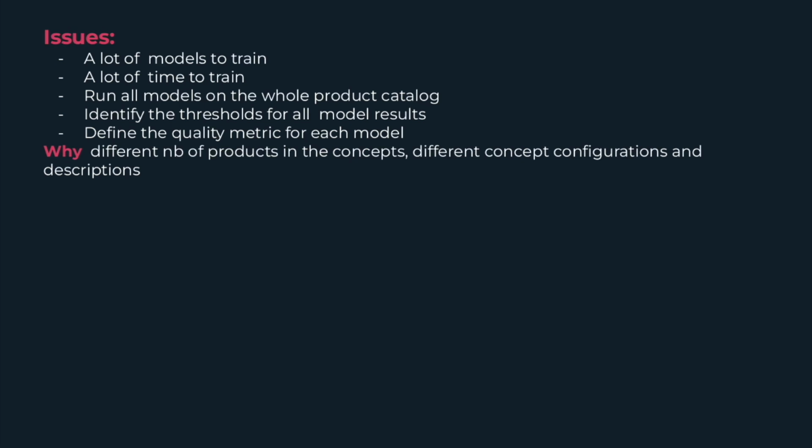So even for our small case, it's 5,000 models. A lot of time to train. We need to run the models on the whole product catalog, so several millions of products. We need to identify thresholds for each model. All the concepts are different. Some concepts contain thousands of products, some concepts 30 products. So it's very difficult to manage this.